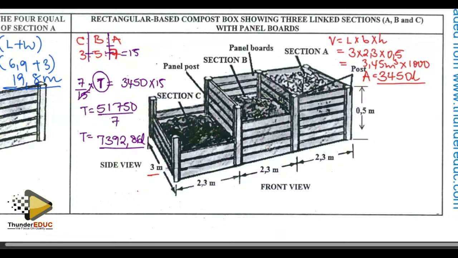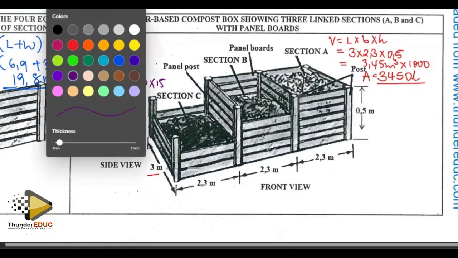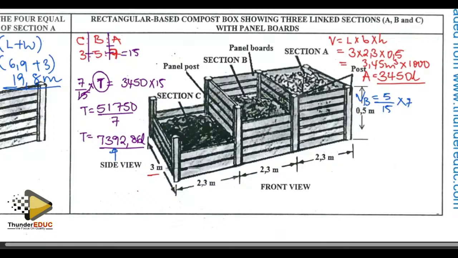So if you're to look for B, now B is easy to get. Let's find the value of B. So B is 2,464.9 liters.